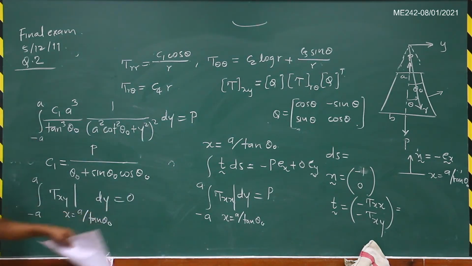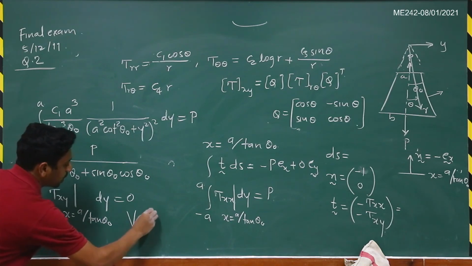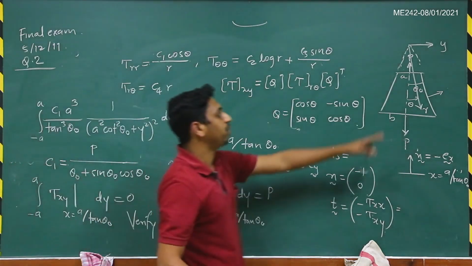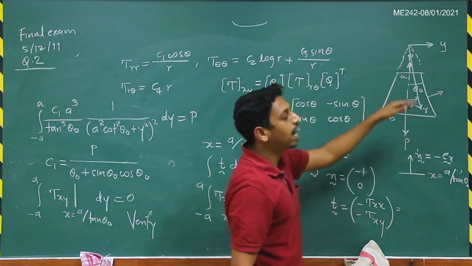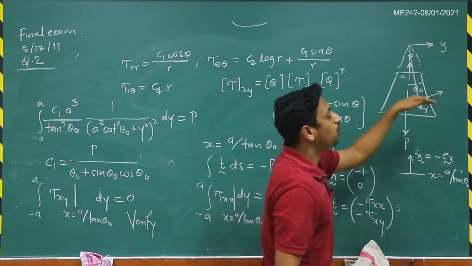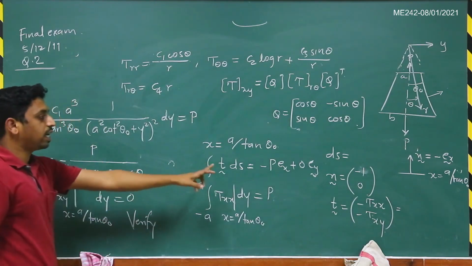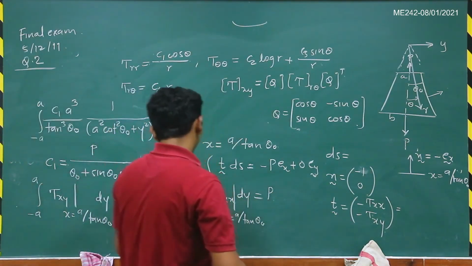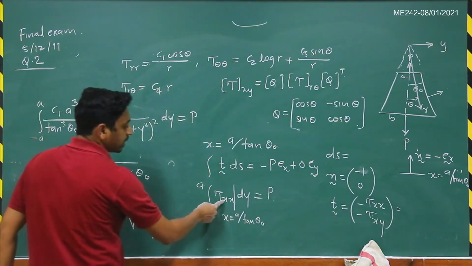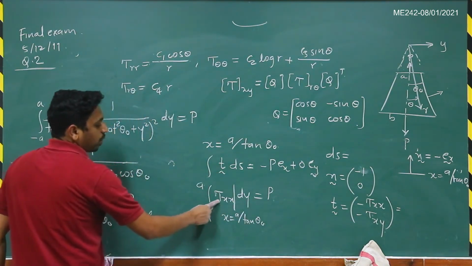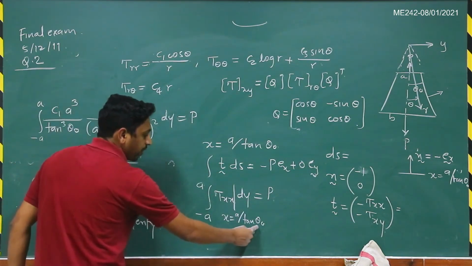You can verify this, because the net force is in the direction of Ex. There is no net force acting on the surface along the y direction. So you must get this integration of tau xy over this area element to be equal to 0. You can verify that. Now by using this particular condition, we'll find tau xx at that particular surface.